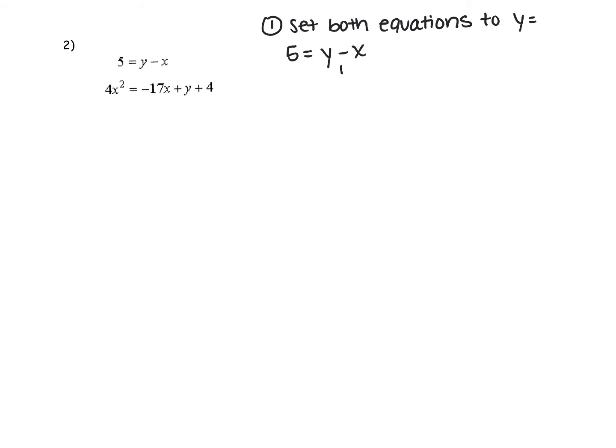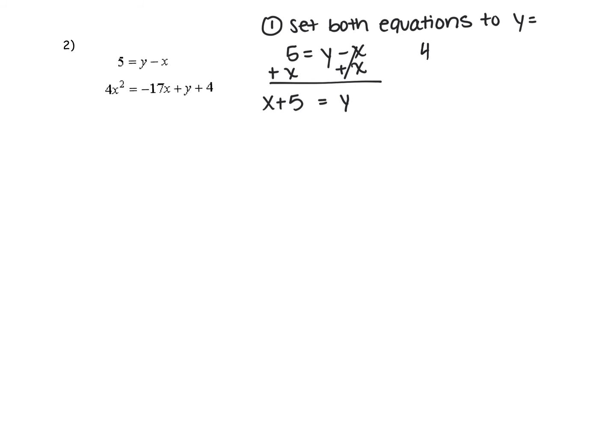So to get y by itself, I can just add x to both sides. So I get y equals x plus 5. We can't add them and make it 5x, right? Because they're not like terms. And you could write it as 5 plus x if you want, but I chose to write it as x plus 5 to keep it in mx plus b form.